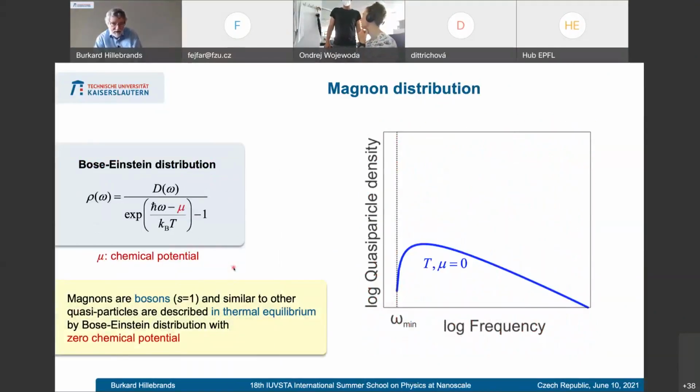But before we do that, let's just think a few words about the magnon distribution, because we work at finite temperature. And so what we have to consider here is the Bose-Einstein distribution function. You know this function very, very well. You just have the number of states, D of omega, as a function of frequency. And then we have this exponential factor, which you know from the Bose-Einstein distribution function.